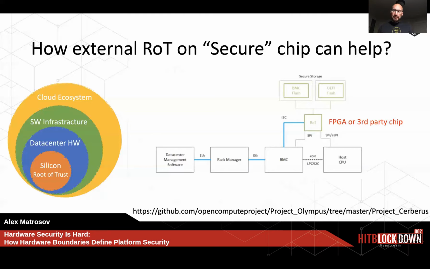It is very important for modern cloud providers to have their own transparency and visibility across the device, because if you have third-party software and hardware controlling the root of trust, it's really hard to validate it and understand that it was not modified with any additional functionality or malicious code.